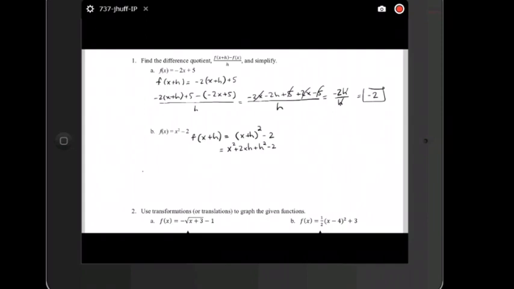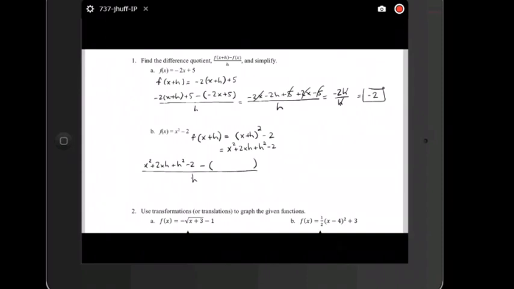That's what goes now for our difference quotient here in the top left. That's f of x plus h right there. So we're going to have x squared plus 2xh plus h squared minus 2. That's this part of the difference quotient right there, f of x plus h. Now we've got to subtract the original function f of x, and again, when you're subtracting an expression or a function, do it in parentheses.